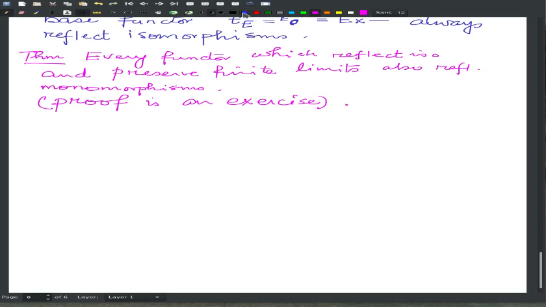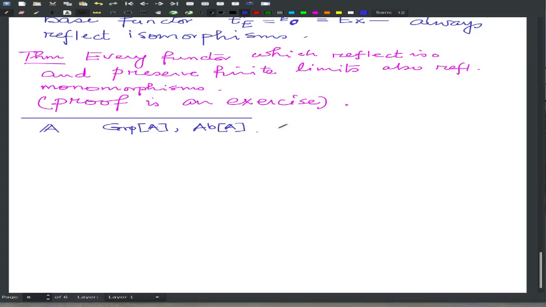Now, firstly, take any category A. Look into groups of A or abelian groups of A. So if we have a group, an internal group in A, so I'm speaking about groups.